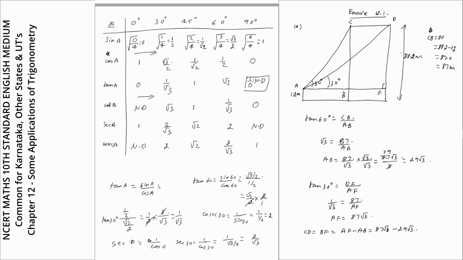So √3 is common. So 87 minus 29, into √3. 17 minus 9 is 8, 7 minus 2 is 5. 58√3 meters is the distance traveled by the balloon.